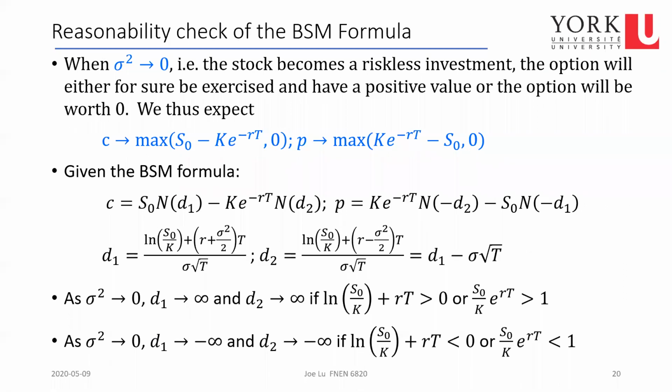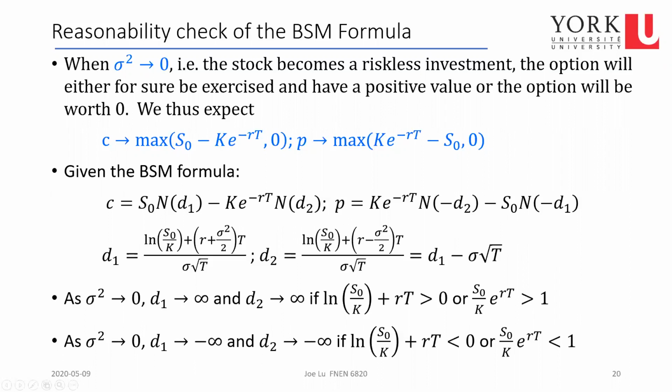In that case, D1 and D2 are approaching negative infinity, which means N(minus D1) and N(minus D2) approach 1.